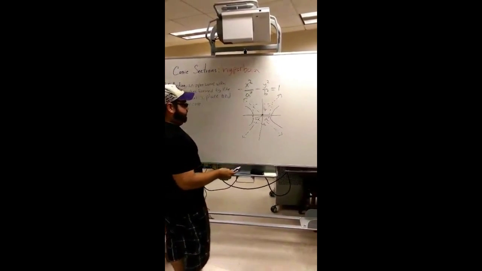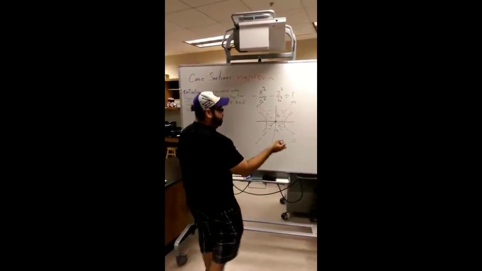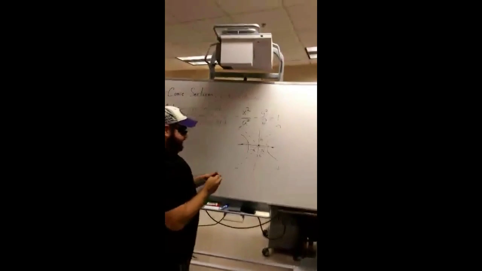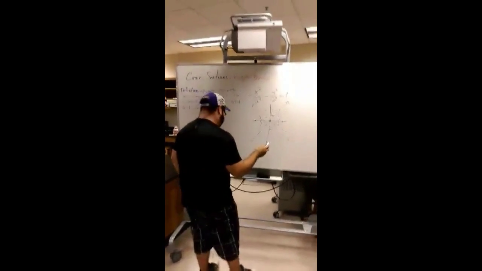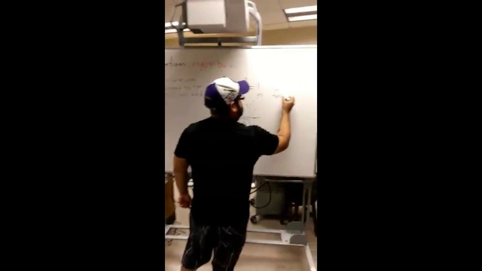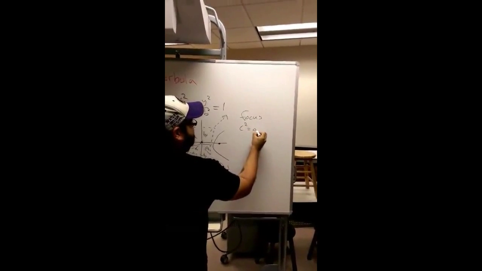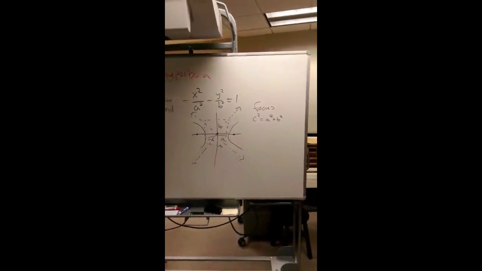And of course, with every conic section that we've had previously, there are foci, different ways to say that, but to each his own. And there is an equation to find the focus. It might look pretty familiar for some. It almost looks like a Pythagorean theorem.